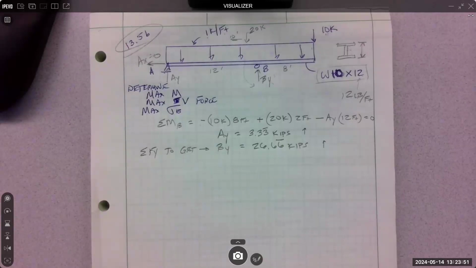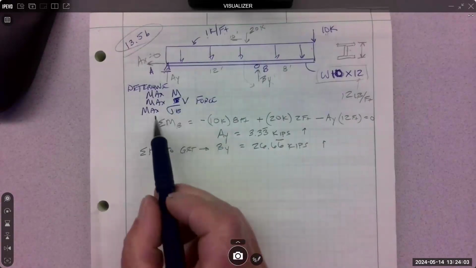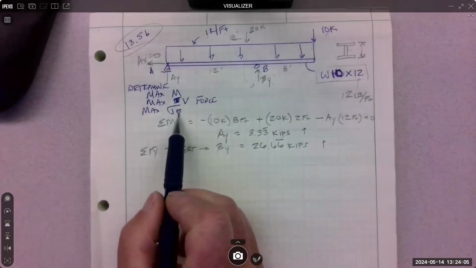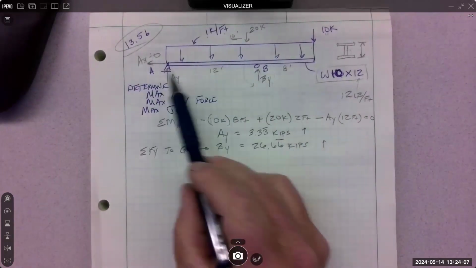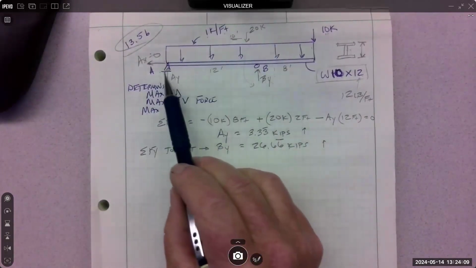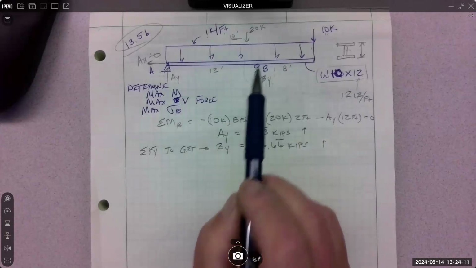So on these beam problems, starting next week, actually probably starting Thursday, our goal is to get to the bending stress. We want bending stress. So to get there, we've got to be able to do a free body diagram. We've got to be able to solve for the reactions.